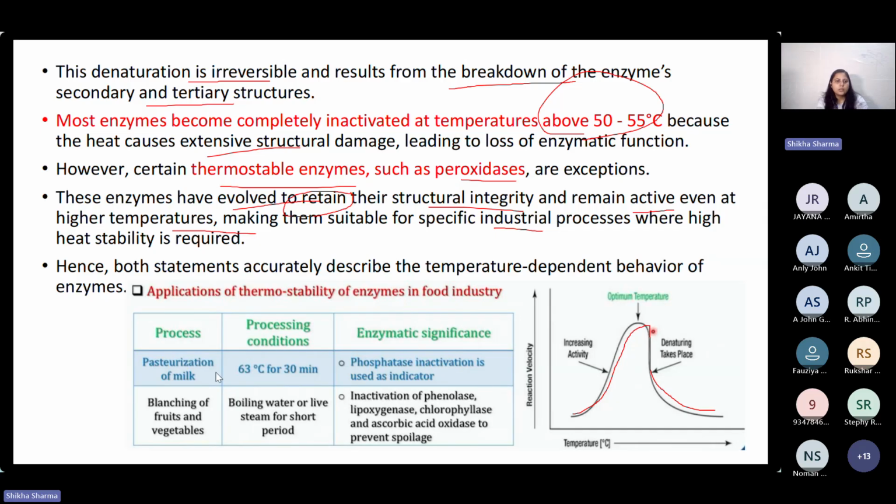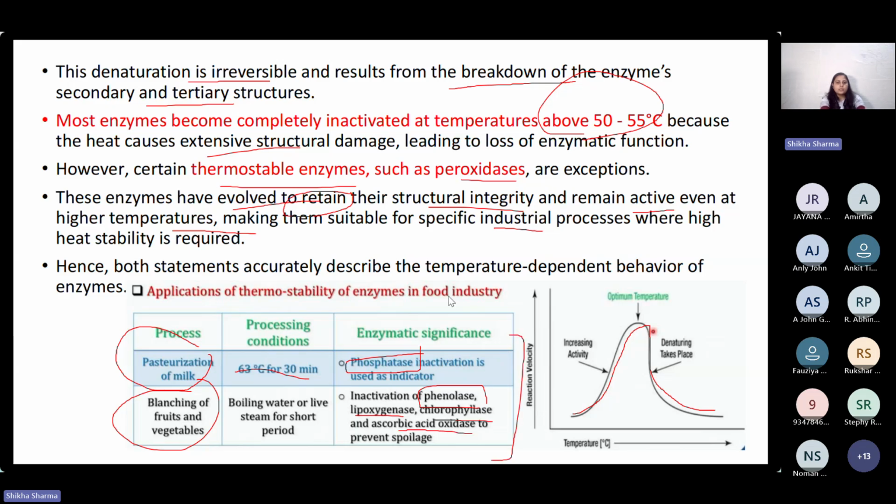We can see this in the pasteurization of milk, which we do at 63 degrees Celsius for 30 minutes, so that we can deactivate and denature the phosphatase enzyme. In blanching, we boil the water, right, to inactivate polyphenolase, lipoxygenase, chlorophyllase, and ascorbic acid oxidase, so that spoilage will not occur.